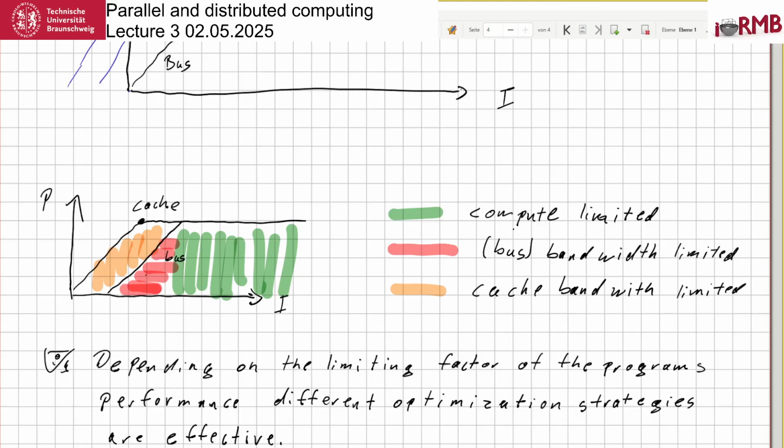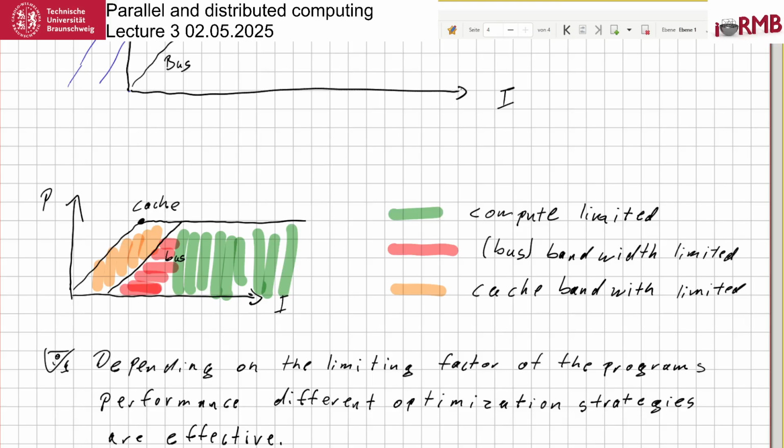But then, and here, if you're getting in this red range, if you get closer to the roof, you can actually change your limiting factor potentially also, because you can get out of the one range into the other range, yeah? But this is not what I want to talk about. I want to talk about, suppose you're already close enough to the roof.